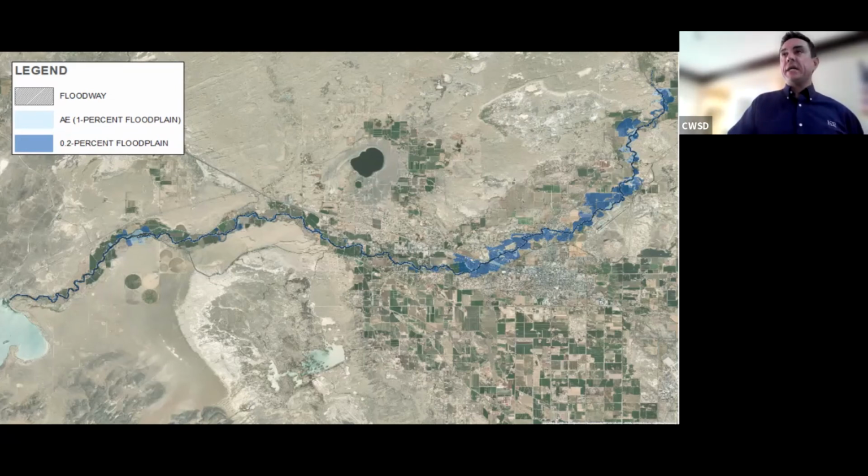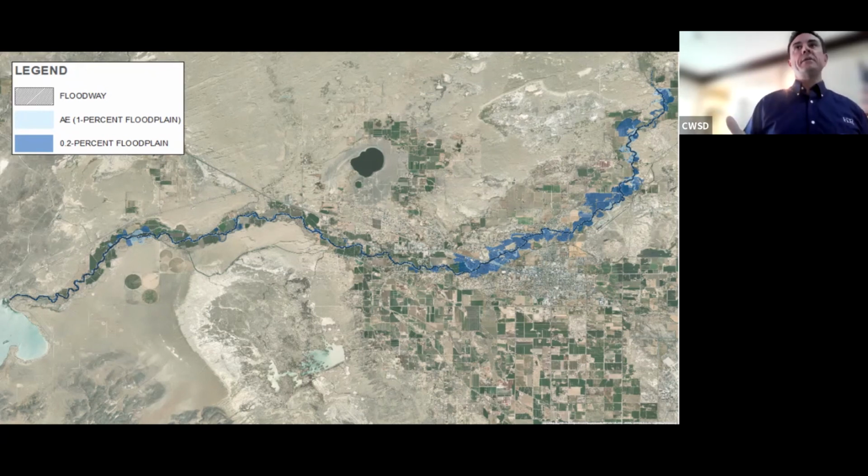And TCID has agreed that if those levels of flow come out of the reservoir again, they are committed to making that level of diversion to protect Fallon and the downstream residents and facilities. That is part of the FEMA process. If you're going to consider diversions in your FEMA study, FEMA requires that you have an operation plan and a responsible party with signatories and the whole nine yards.